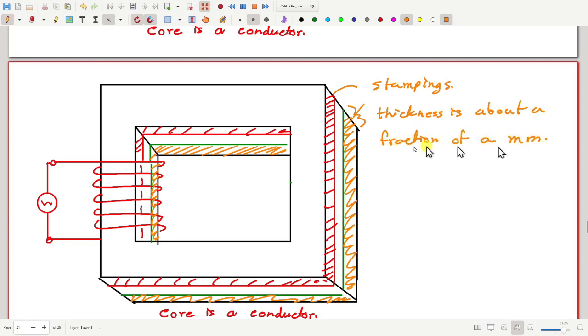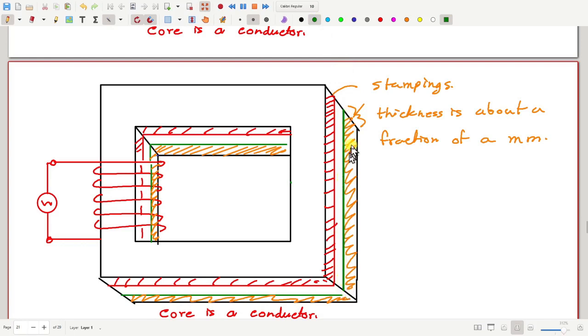So you may have to stack or collect hundreds or thousands of such slices to construct the core. And all these slices or stampings are insulated from each other. This green line that I have here is an insulator.